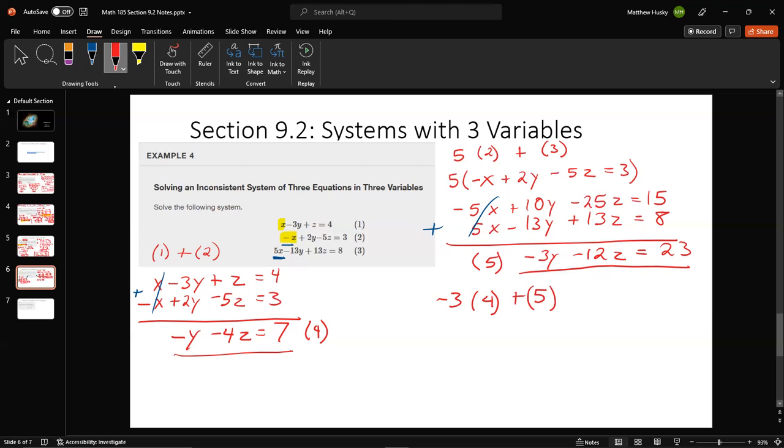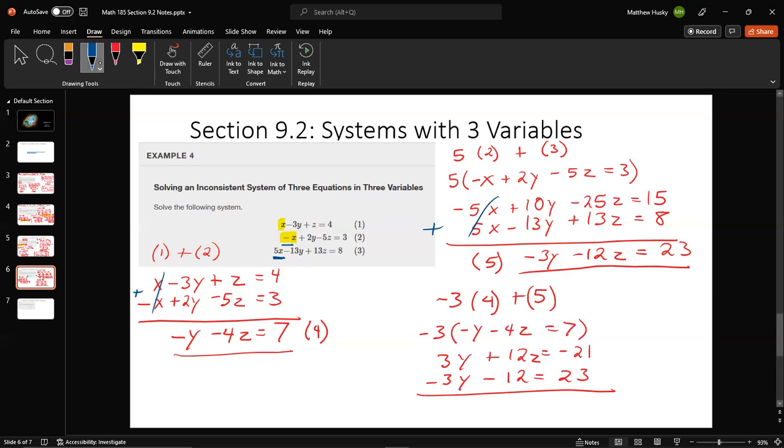So let's do that. What is negative 3 times equation 4? That's negative y minus 4z equals 7. That's going to give you 3y plus 12z equals negative 21. Meanwhile, this equation 5 is negative 3y, that has a z on it, negative 3y minus 12z equals 23.